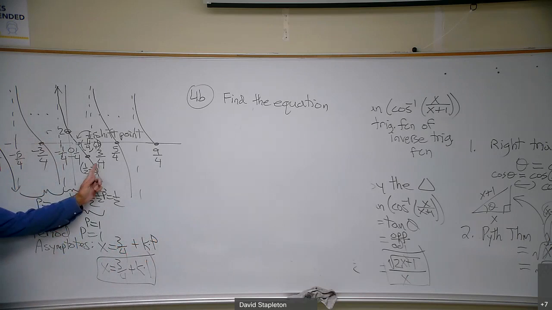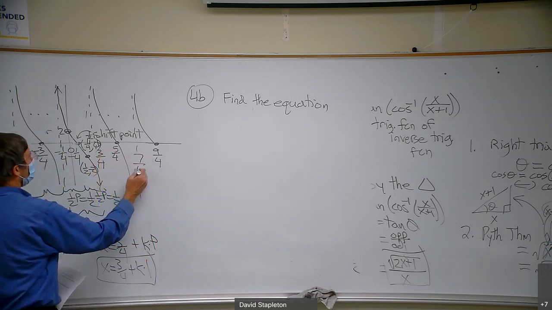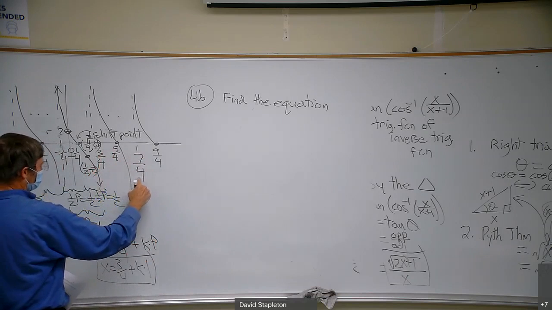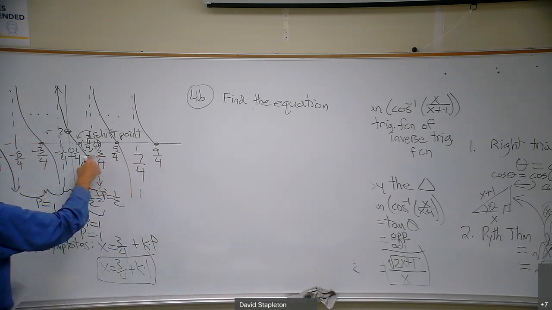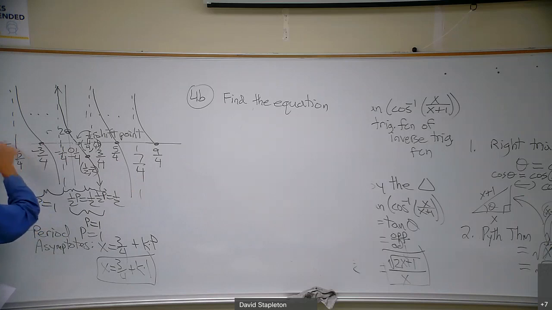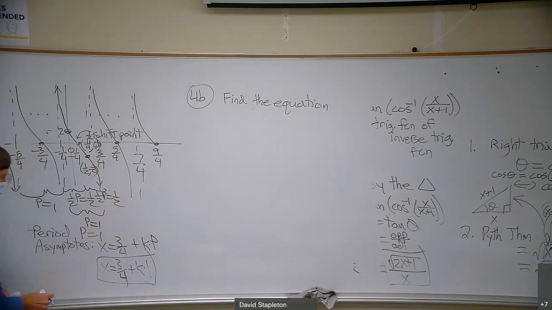Here's 3/4, 3/4 plus 1 is 7/4, that's this one. Plus 1 more is 11/4, and you can go this way from 3/4 to -1/4 to -5/4. So every unit, there's another asymptote. So the asymptotes are just any one asymptote like x equals 3/4 plus k periods.